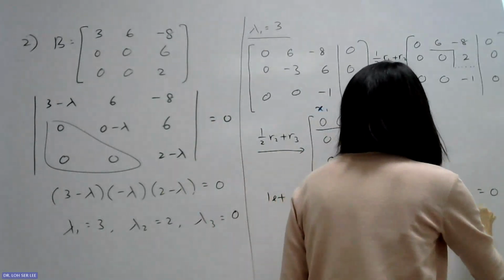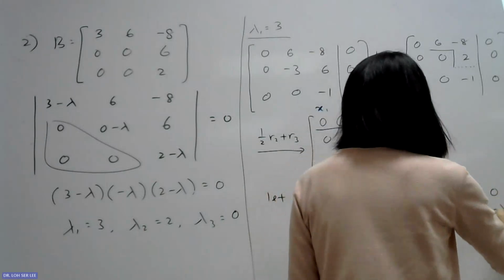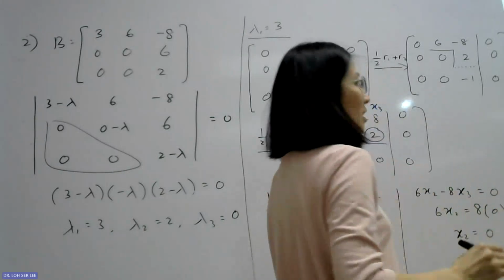Okay, 6x2 equals to 8x3. X3 is 0, so your x2 is also 0.